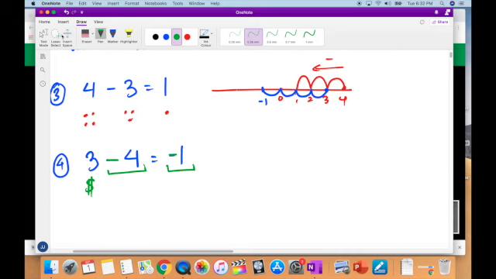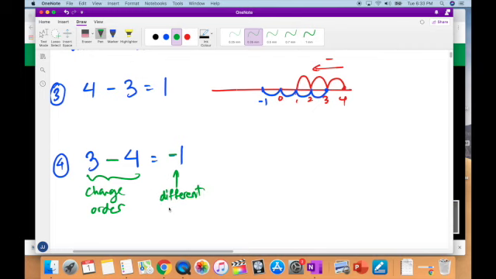Also, look at another thing. We change the order, and we got a different answer.